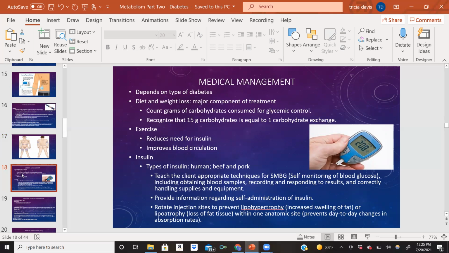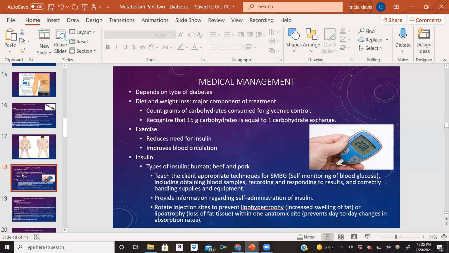So we can do something called the diabetic exchange. The diabetic exchange is a list. You can get it on the internet. It's a list of common foods, created to make carb counting easier for patients that have diabetes. So a serving size of one starchy food contains 15 grams of carbs. If you go to this list and look under white rice, it may say a half of a cup.